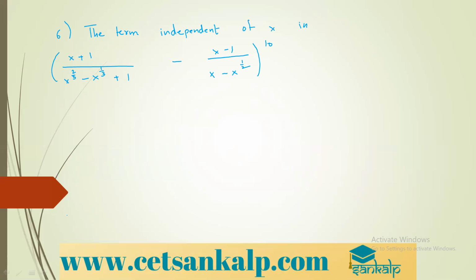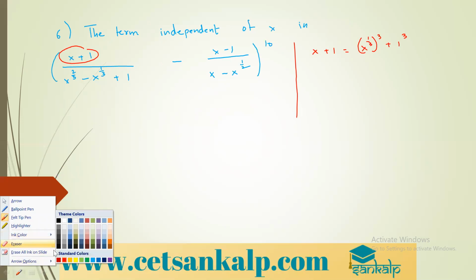So first of all, the given expression we have to simplify a lot. This x plus 1, I will write in a different way. I will write (x power 1/3) whole cube and 1 cube, so that I can use the a cube plus b cube formula.